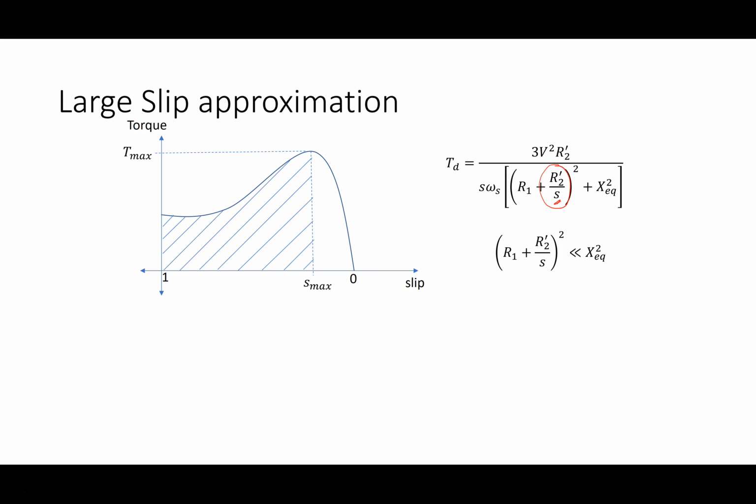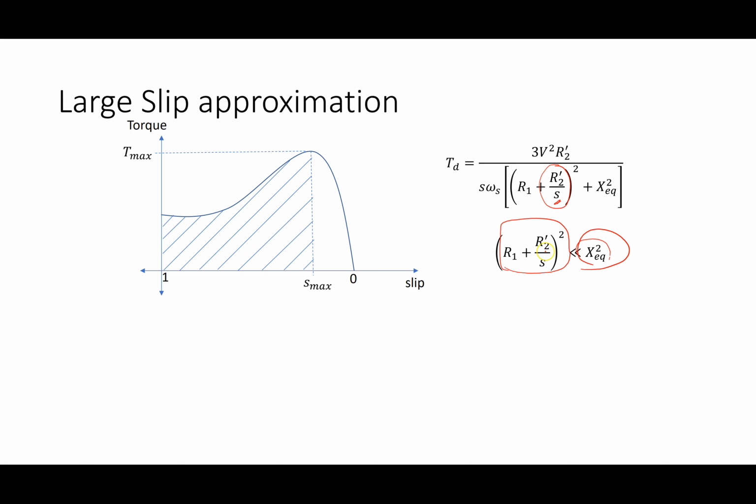And in fact, what we would find happening is that this on the whole will become small when compared to the reactance. Remember, with the larger slip the frequency is larger, which means the value of this reactance X is getting larger as well. So we have this value getting smaller and this value getting larger when we have larger slip.